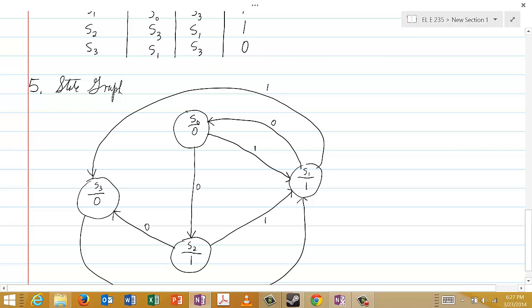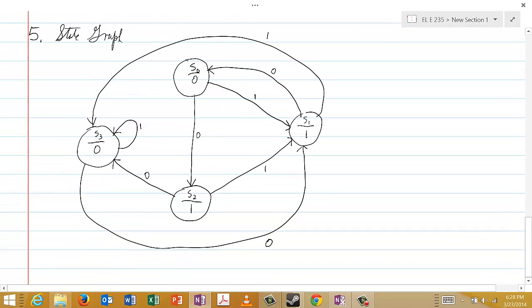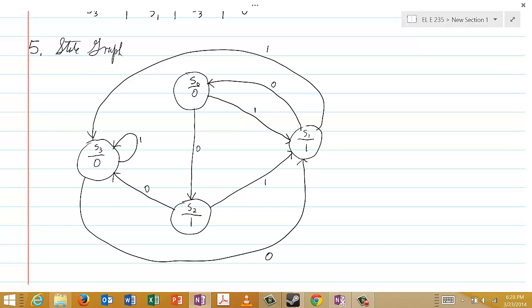So we can represent that in this way, an arrow coming back onto the same state, in the case when x is equal to 1. And that's it. That one picture right there will give us the entire behavior of this sequential circuit.